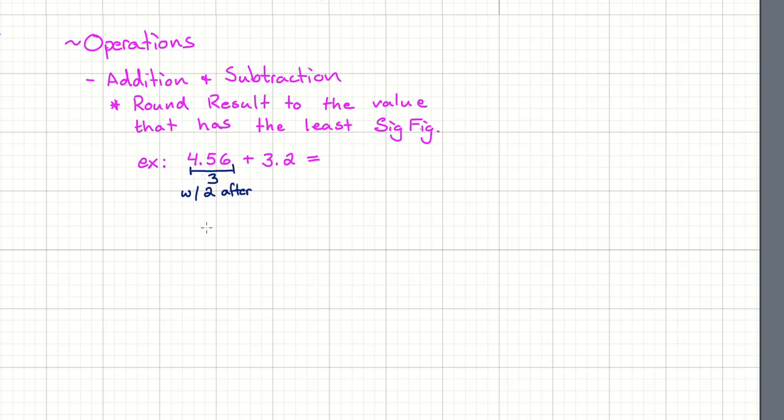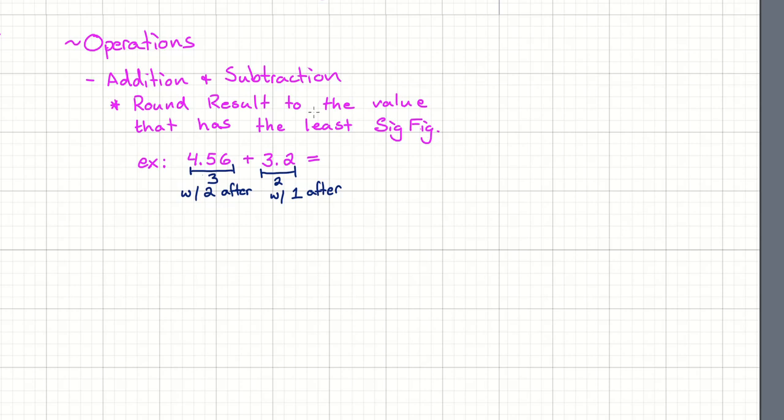Okay, I agree with that. There's 3 and 2 after the decimal. How about the second number? How many significant figures? 2 of them total. It's 3 and 2, right? There's 2 here. How about after the decimal? 1 after.